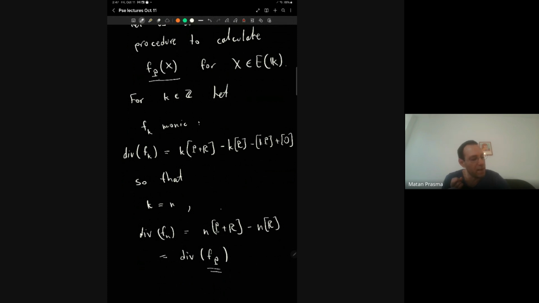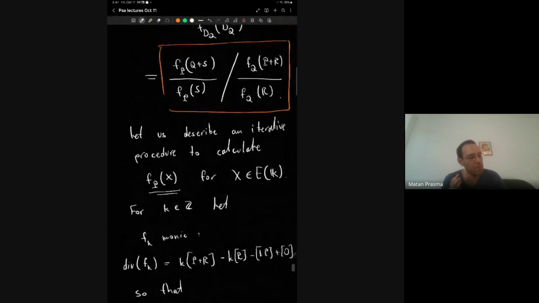Eventually, I want to calculate f_P evaluated at X. If I can do it for any X, then I can choose X to be Q+S, or I can choose X to be S. And if I can do it for f_P, I can do it for f_Q, right? If I have an algorithm for f_P, I have one for f_Q.